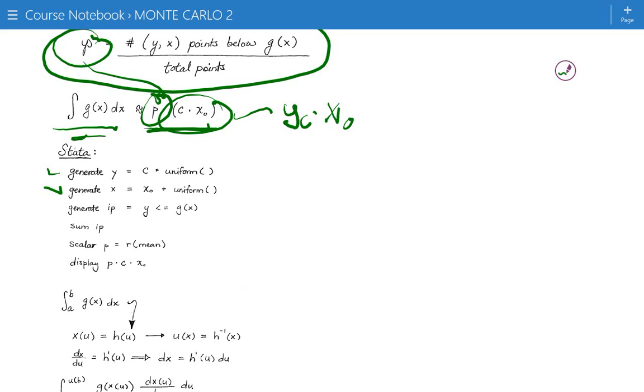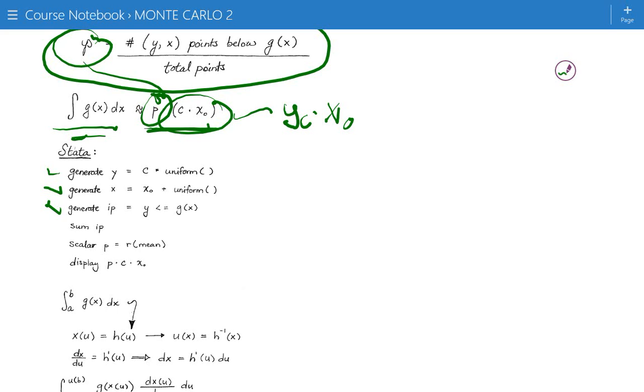I could then generate an indicator as to whether or not y is less than or equal to g of x. So for each point of x, this is assuming that I can actually calculate g of x, so we're making that assumption here at this point.